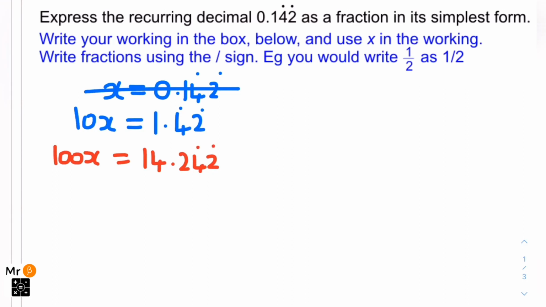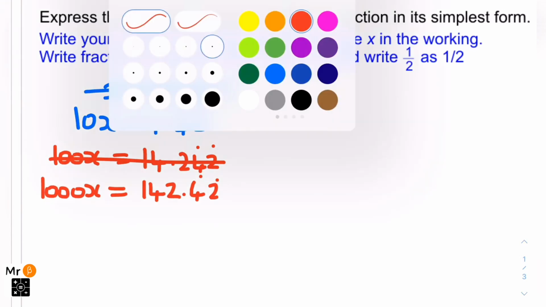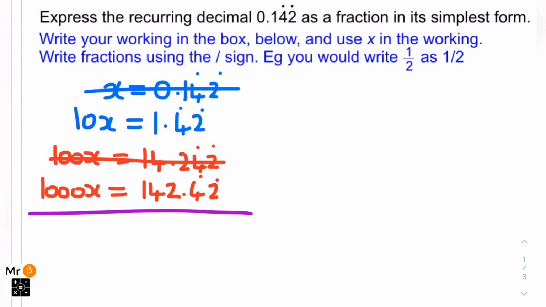Again, you'll notice our decimals do not line up, so we get rid of that one. Let's multiply by 10 again, so we get 1000x this time. That is equal to 142.42 recurring. This time they do line up, so now we can subtract our answers.